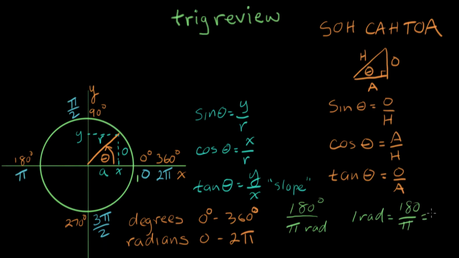If you plug that in the calculator, it'll come out to roughly 57.3 degrees. So 1 radian actually is a little above 45 degrees. 1 radian is 57 degrees. It looks about like that. We don't use this very often. Mostly we talk about radians in terms of multiples of pi because it makes more sense on this circle. But just to let you know, that's roughly 1 radian.